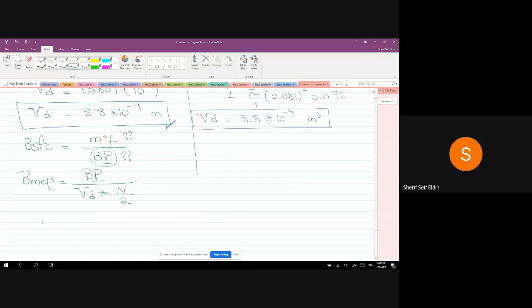The brake mean effective pressure is 6.81 bar, and I have to multiply by 100 in order to get it in kilopascal, because I want to get the brake power in kilowatts. So I have to remove the 2 from here because it's a two-stroke engine, sorry.